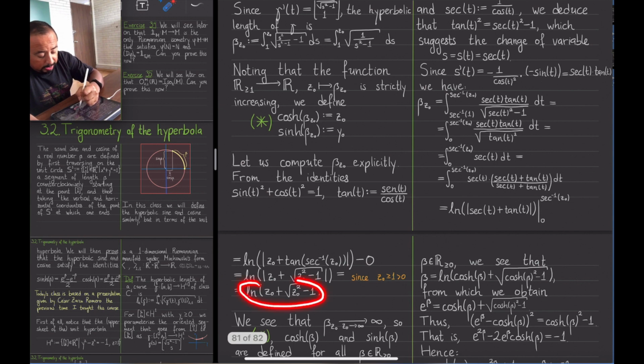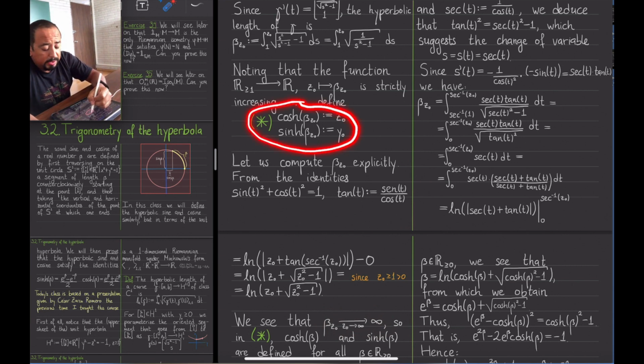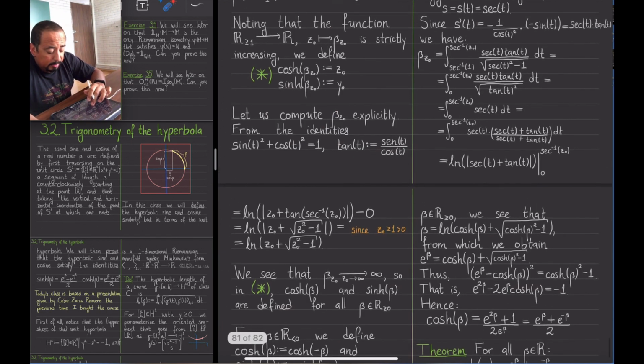So we are here. And once we are here, when z0 tends to infinity, then its corresponding beta, which is the integral, which is this, right? Because this one is the integral, which is this. It also tends to infinity. So here, actually, this is a good definition for all positive real numbers.